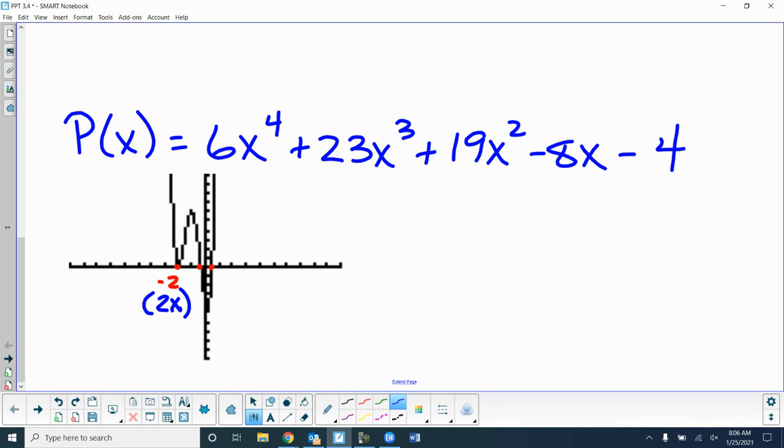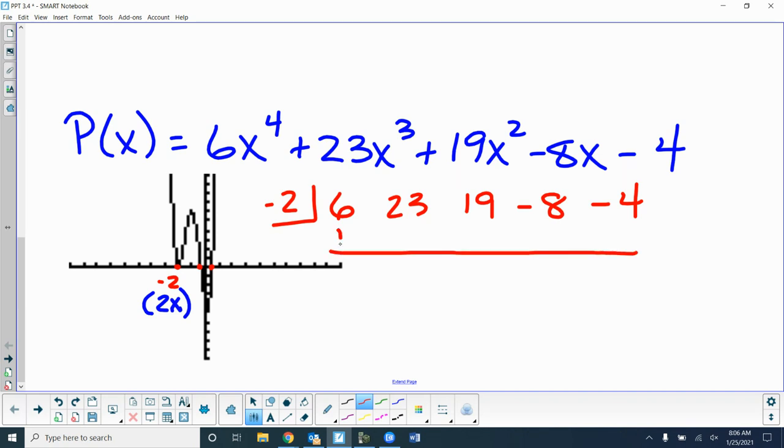So, again, just to use my synthetic 6, 23, 19, -8, -4. That's a -12, which is what, 11? -22, which is -3. +6, which is -2. +4 is 0.